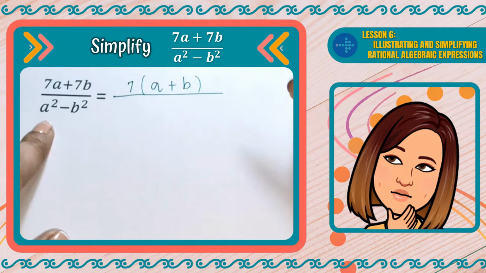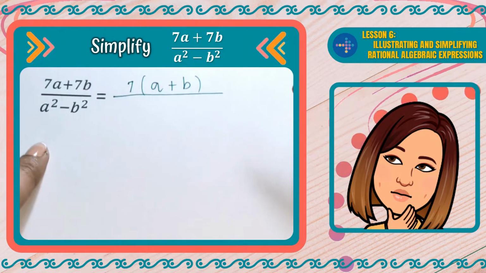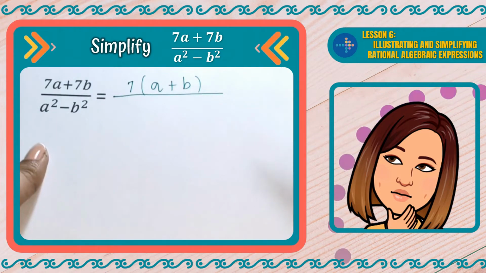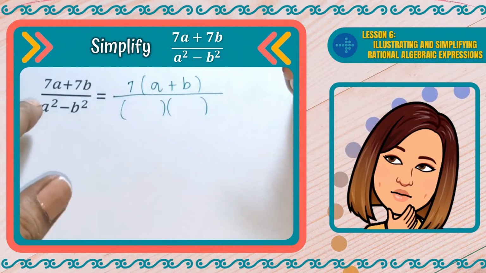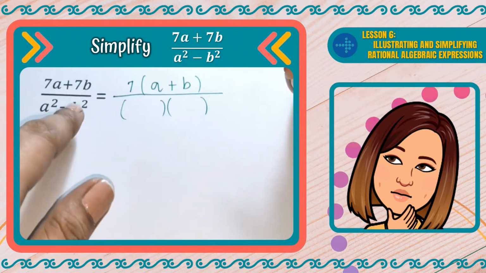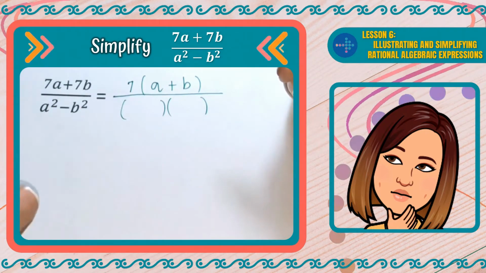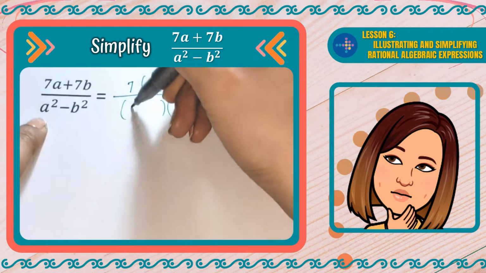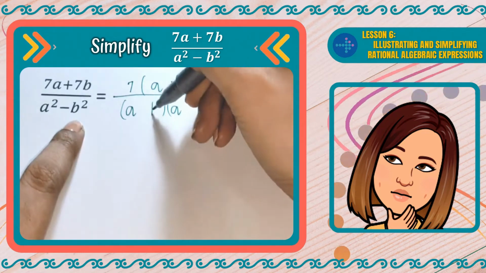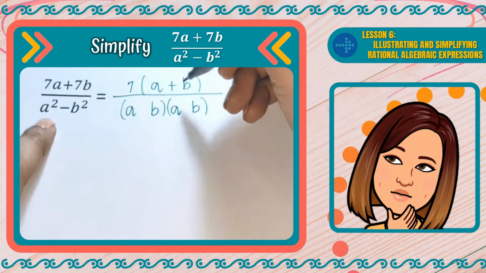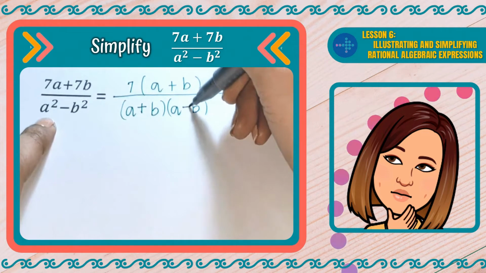While in the denominator, we have a squared minus b squared. Obviously, it is factorable by difference of two squares, and the factors are the sum and difference of the square root of the first term and the square root of the second term. The square root of a squared is a, and the square root of the second term is b.